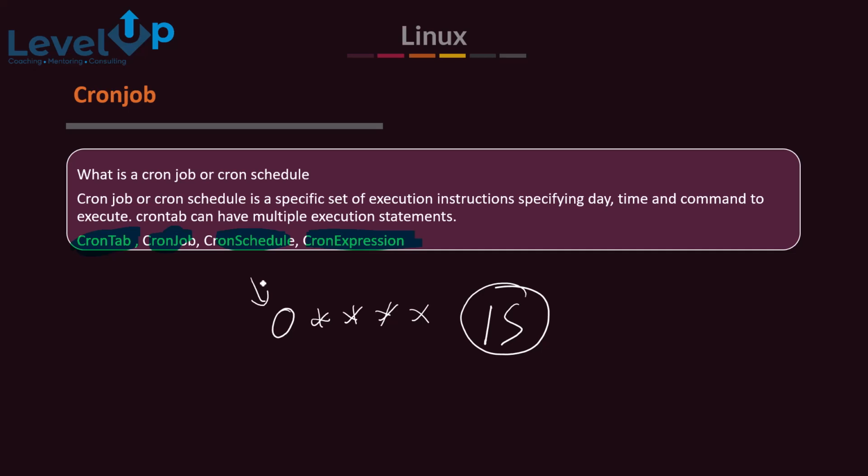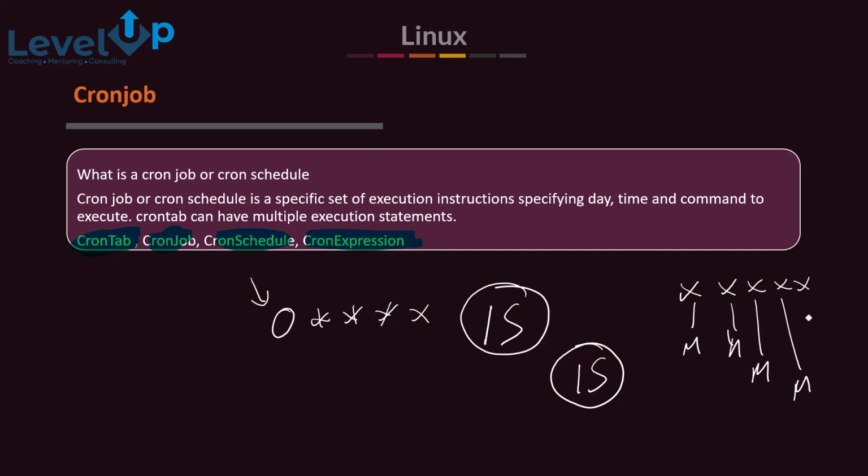Now let's say I want to run the command ls on the first of every month. We have five asterisks, right? The first one is minute, the second one is hour, the third one is day of the month, the fourth one is the month, and the fifth is the day of the week. Now let's say I want to run a command on the first of every month.